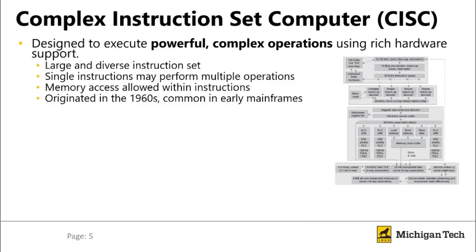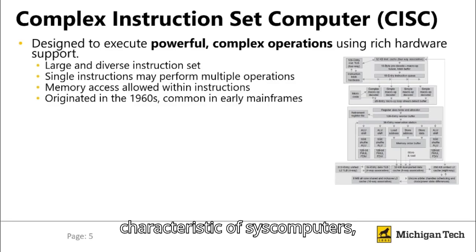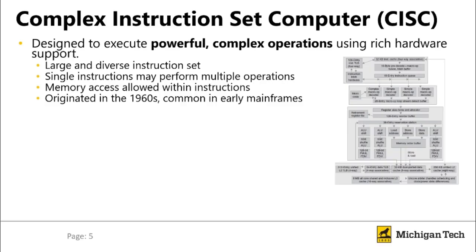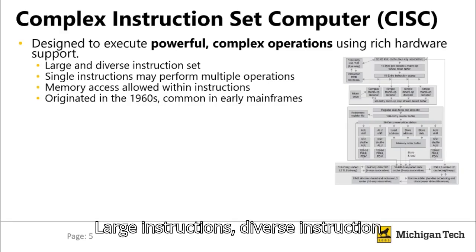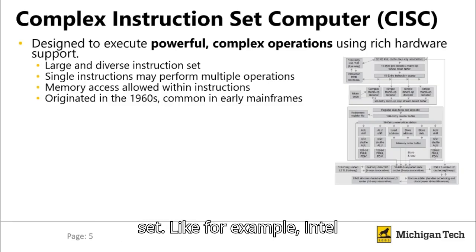So the characteristics of CISC computers, complex instruction set like Intel or the family of i86, are these things. Large instructions, diverse instruction set. For example, Intel has 7 types of add, just one add, that in many computers is just 1 or 2 types.